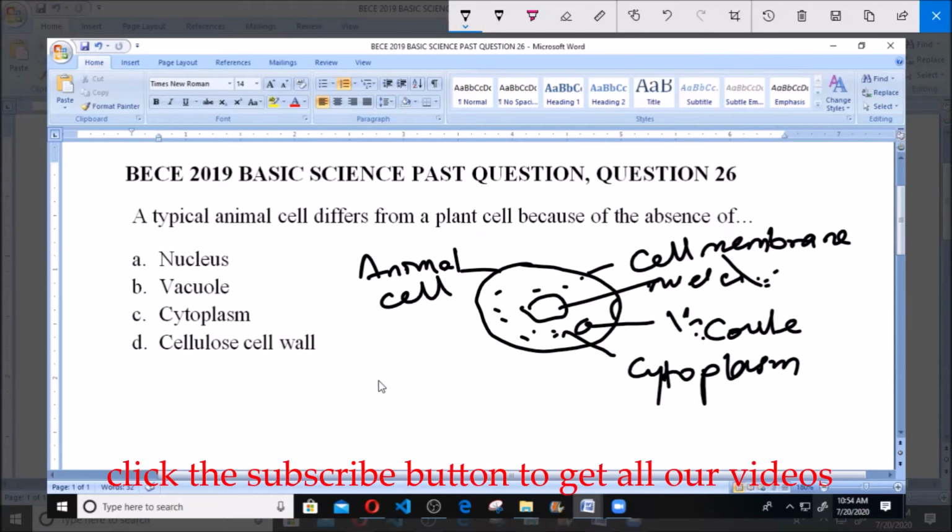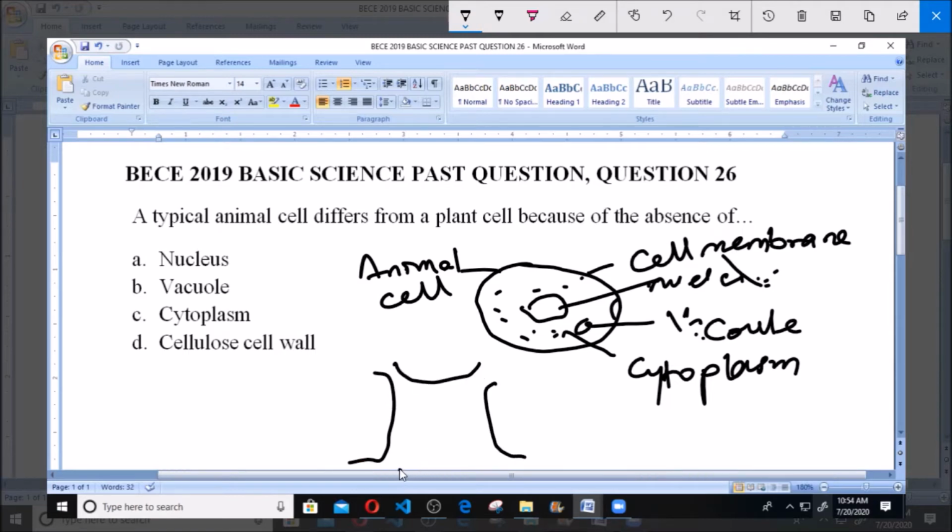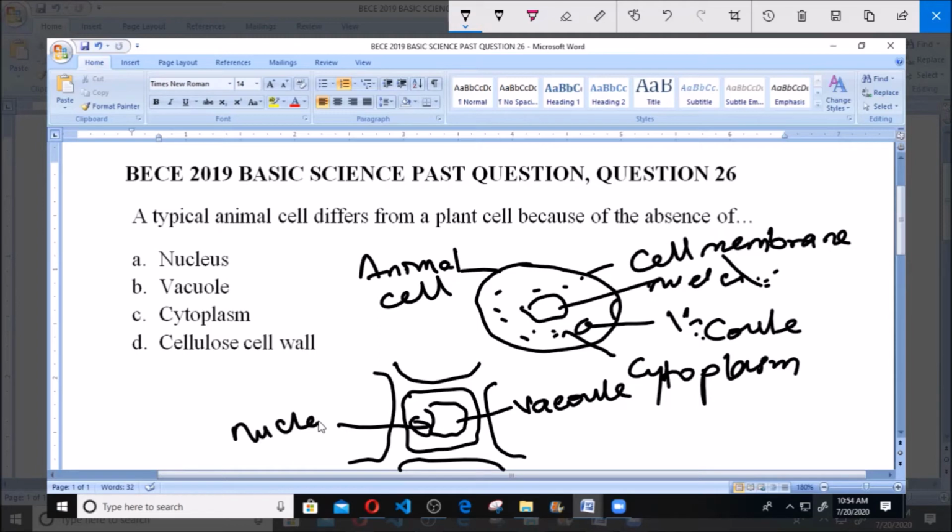Now a plant cell looks something like this. For the plant cell, you have your vacuole and you have your nucleus. So here is our vacuole, and this is our nucleus.